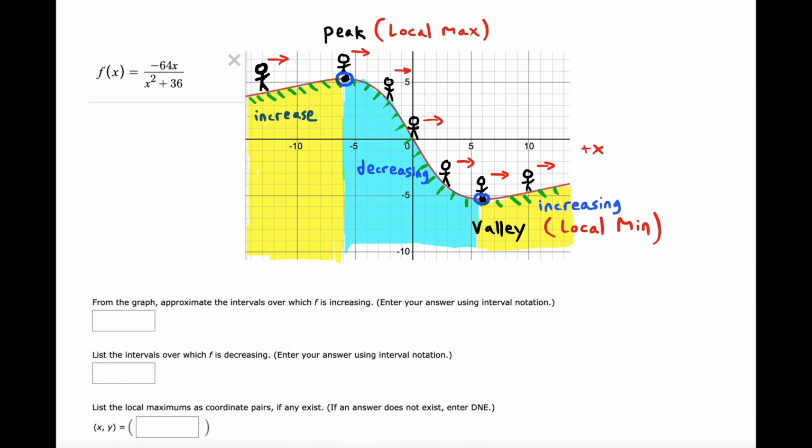Now our job is going to be to put these intervals into interval notation. First, we want to find the x values of where the peaks and valleys are. So on this axis, the peak is hovering above an x of -6.